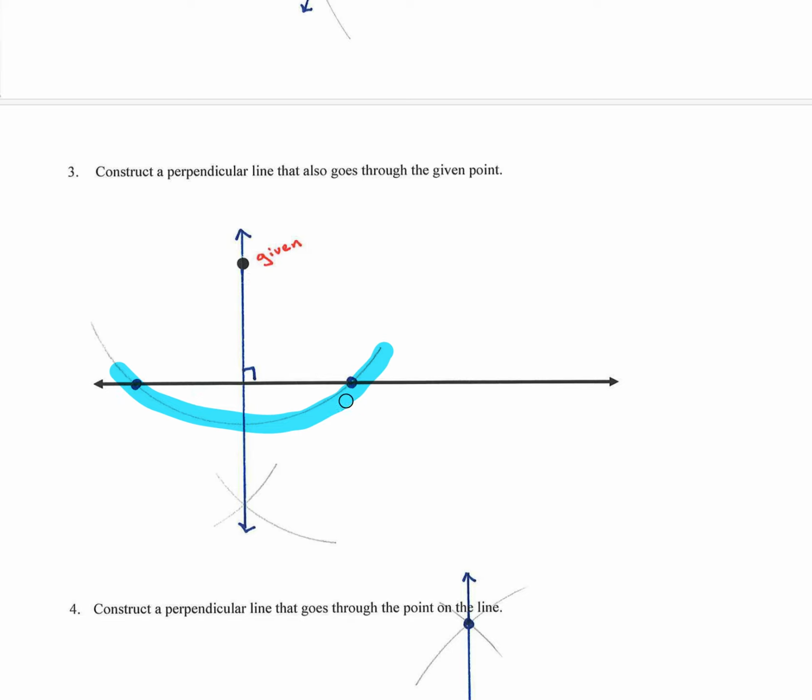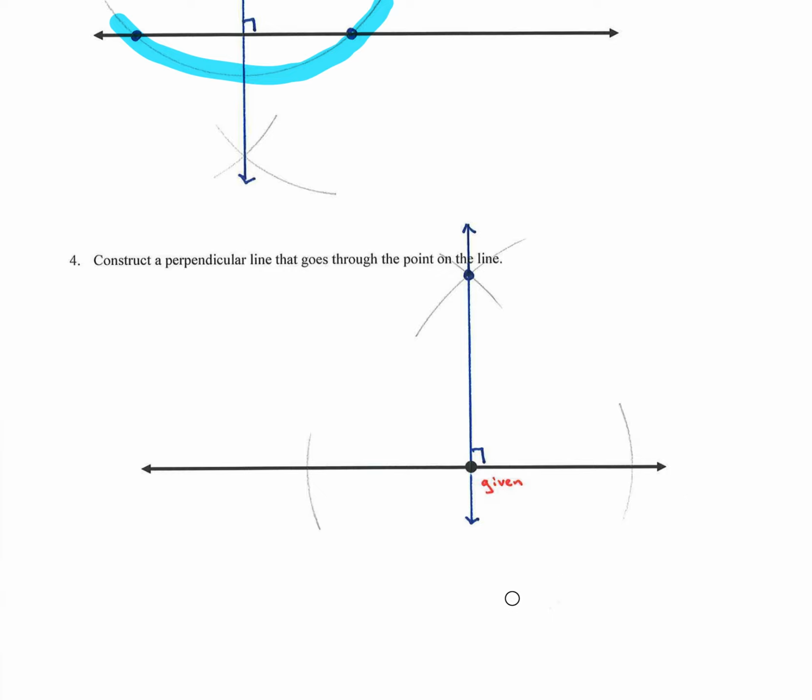We can keep the same compass and from here make this arc, and then from here make this arc, and then we know the intersection of these has to be equidistant from those two points. The given point was equidistant, and so if we connect the given point to our intersection, we guarantee we created the perpendicular bisector of those two points, which means we created a perpendicular line through the given point to that line.